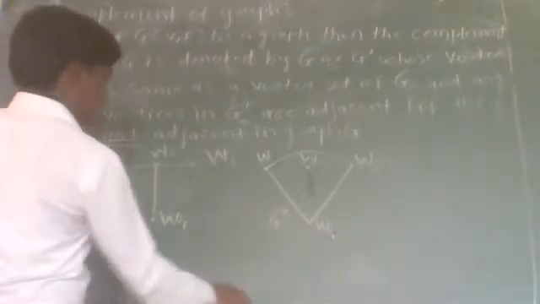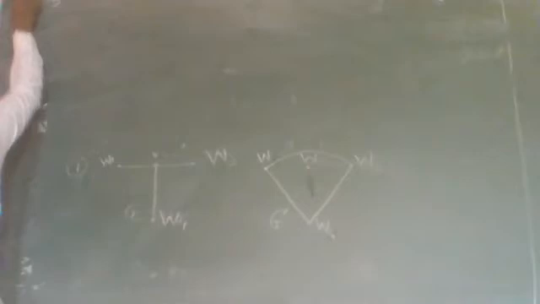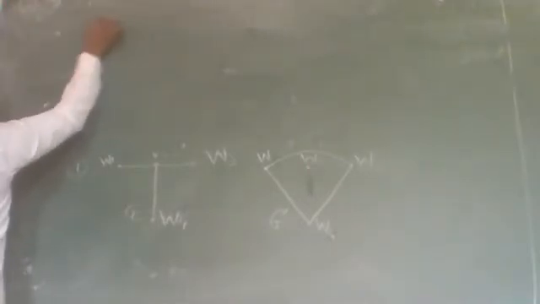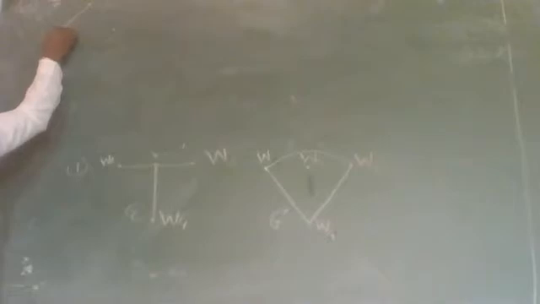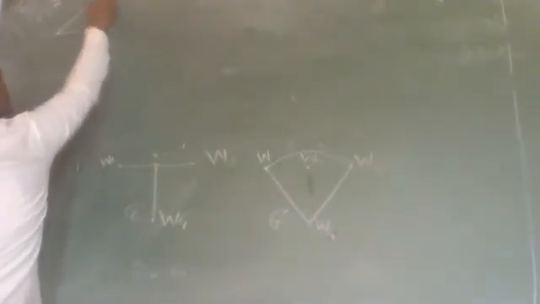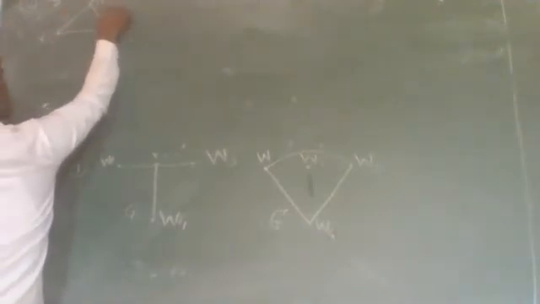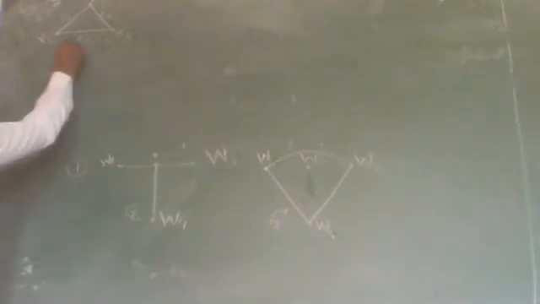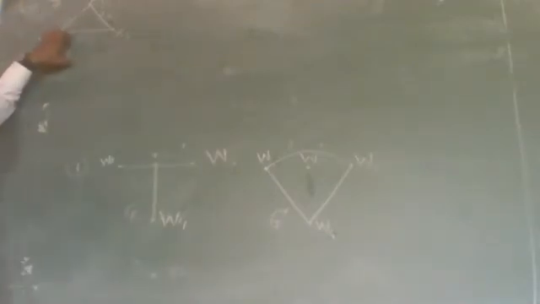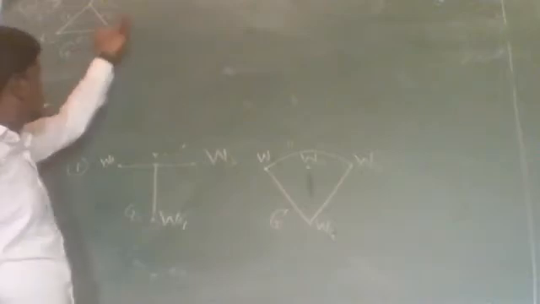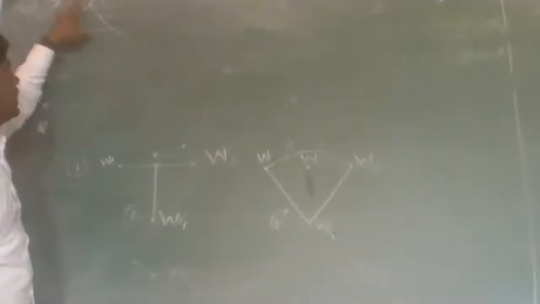Now the next example. This one is the graph G. In graph G, each vertex is adjacent to every other vertex since it is a complete graph.